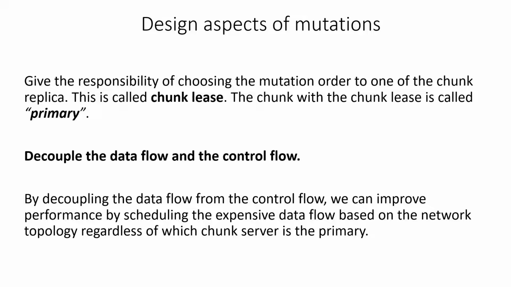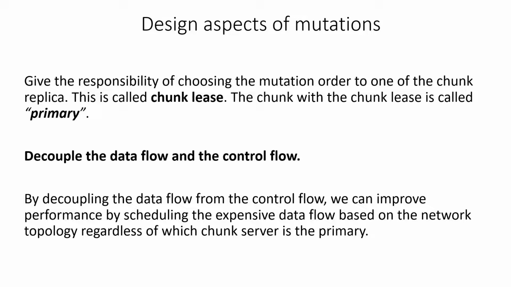When different data are coming to the primary, the primary ensures that the data are written in a specific order at all the chunk replicas. So at any particular point of time, if a client is writing data to a particular chunk replica, the chunk replica has to contact the primary and get the order in which it has to append the written records.